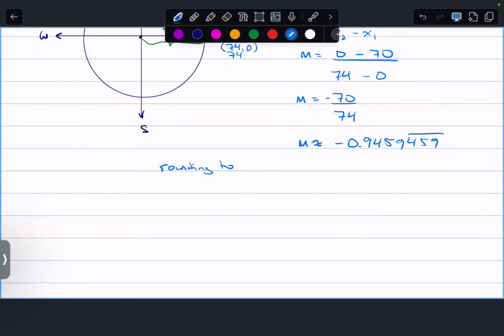Rounding to 3 decimal places, lopping off the repeating, m is negative 0.946. Now we'll just use that.